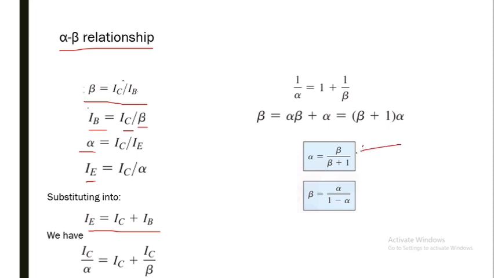So we can derive this relation: alpha is equal to beta over beta plus 1, and beta is equal to alpha over 1 minus alpha. The explanation of this relation is given here. This is also similar. You just need to write beta in terms of alpha.